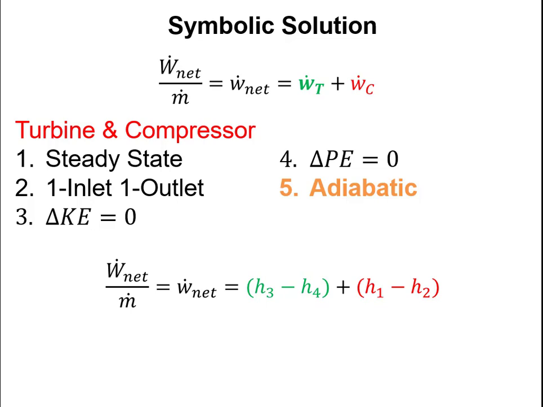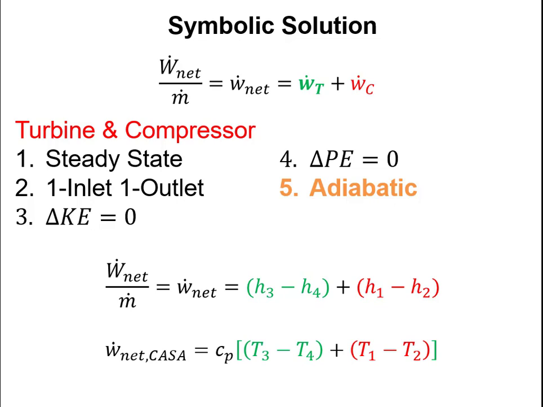And this time, the delta h for these components is h in minus h out. I'll add these things together and let the first law take care of the sign of each of these terms. I've color-coded things here so that positive terms related to the turbine are green and negative terms related to the compressor are red.